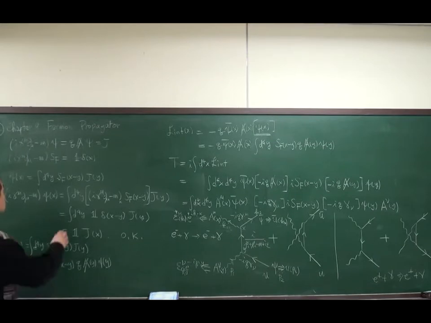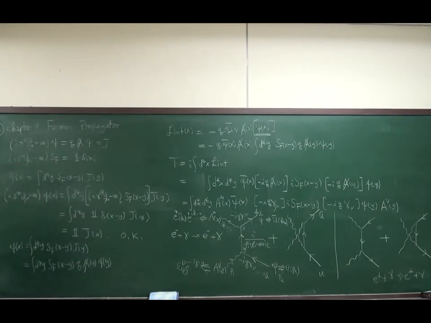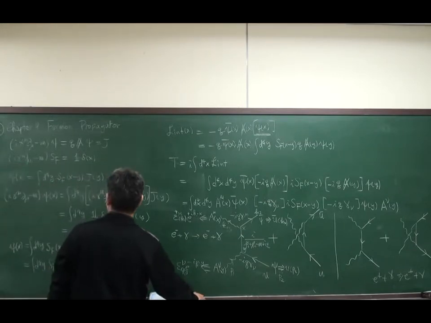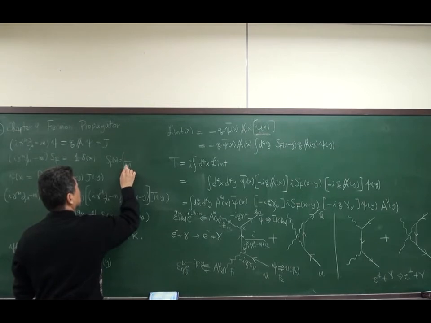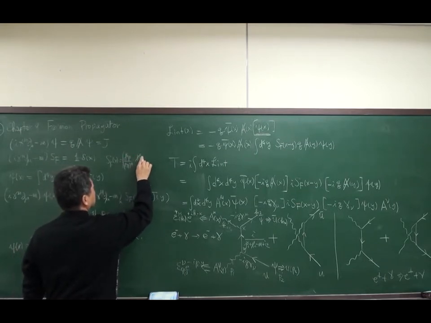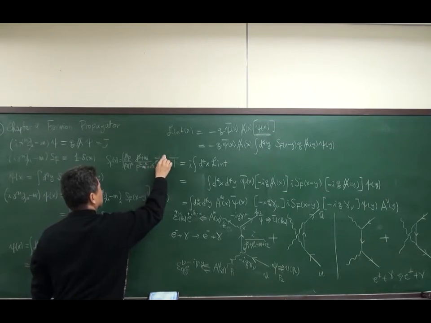Putting this one to be some kind of current, we derived the Fermion Propagator for the spin 1/2 particle, S_F, and the result was, right?